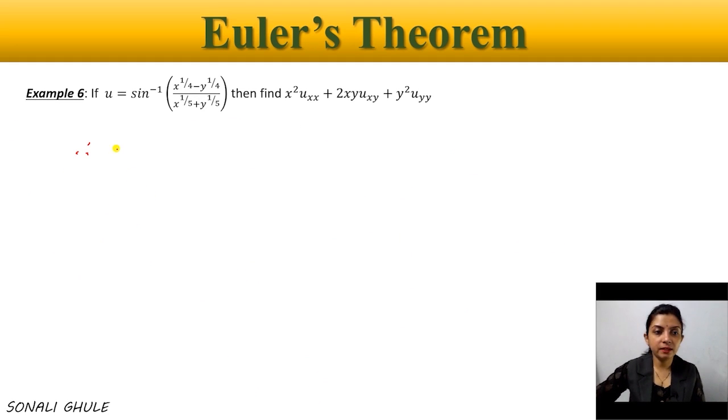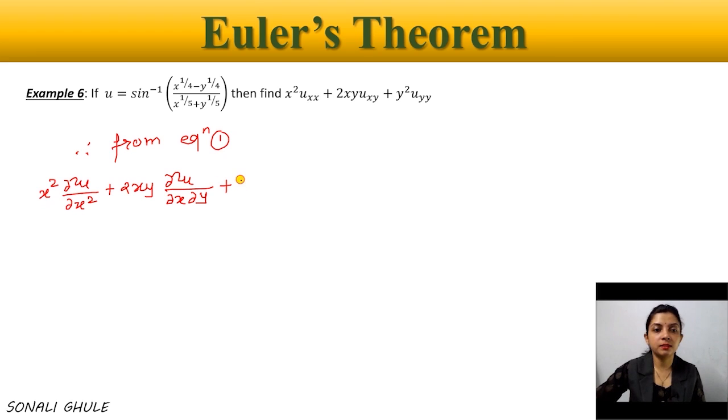So I can write here from equation 1, x square dou 2u upon dou x square plus 2xy dou 2u upon dou x dou y plus y square dou 2u upon dou y square is equal to, yes, put the value for g of u.